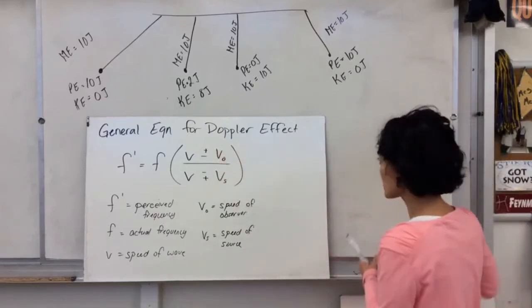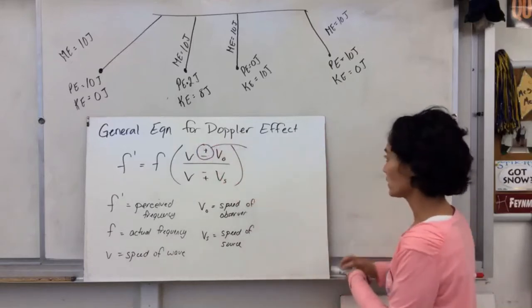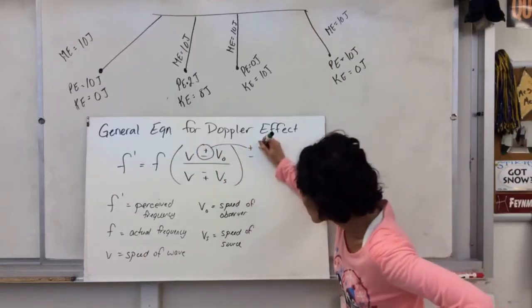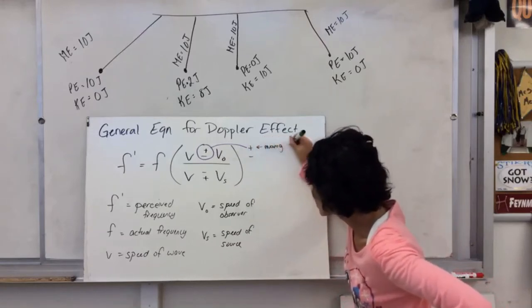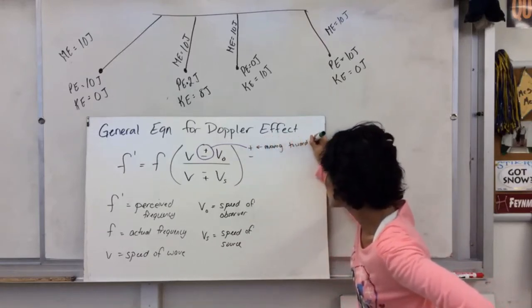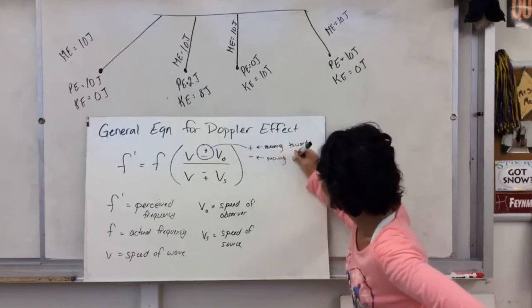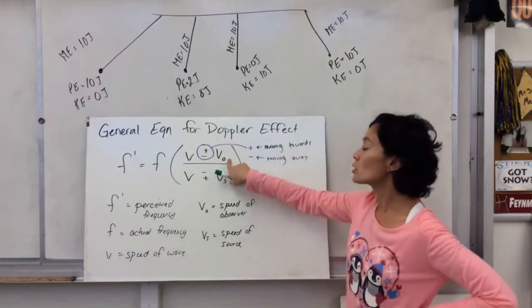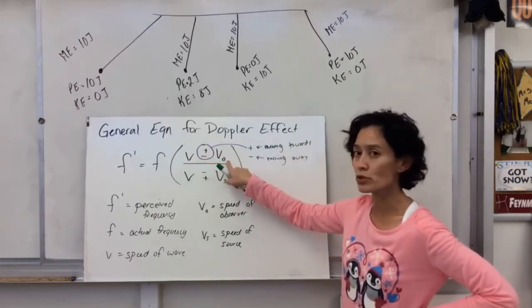For the top one, plus means moving towards and minus means moving away. If your object is moving towards your source, you do a positive. If your object is moving away from the source, you do a negative.